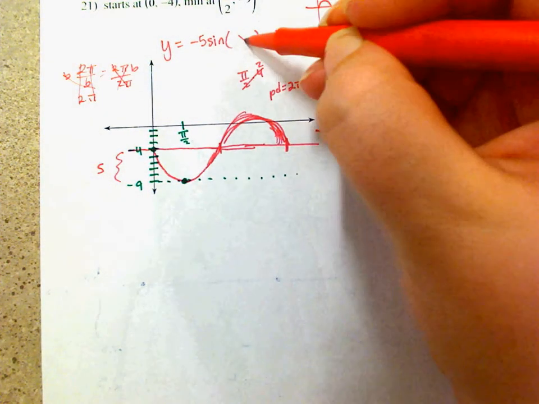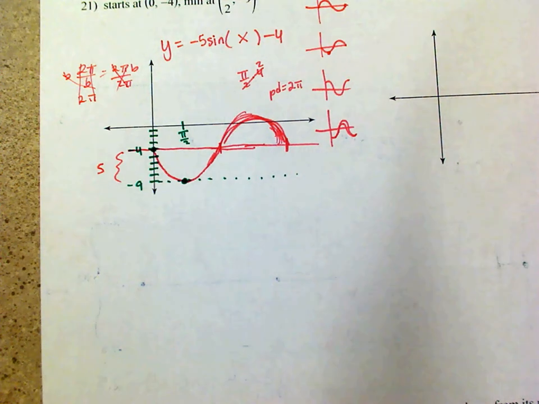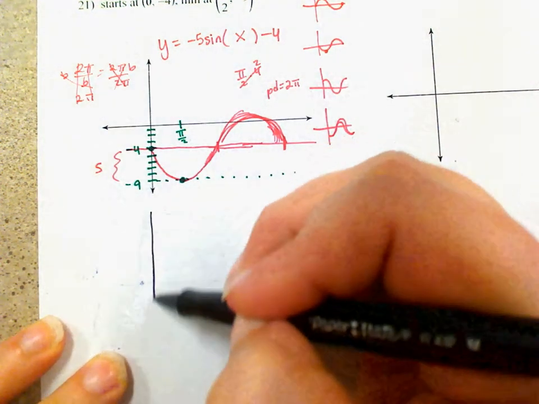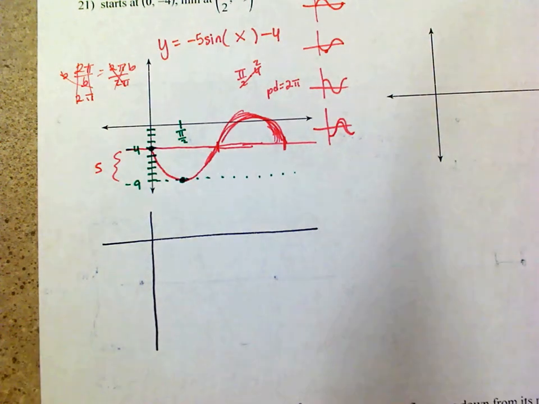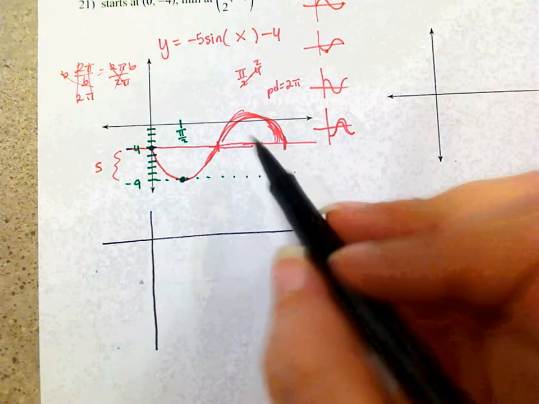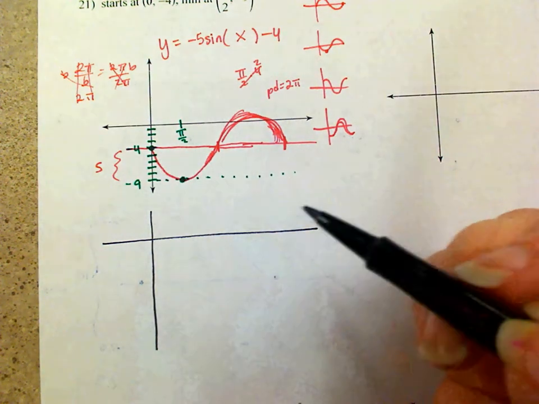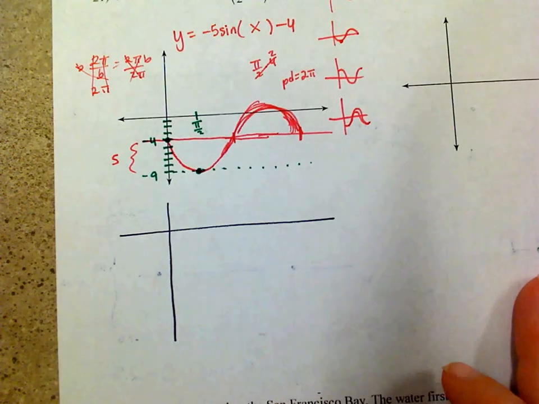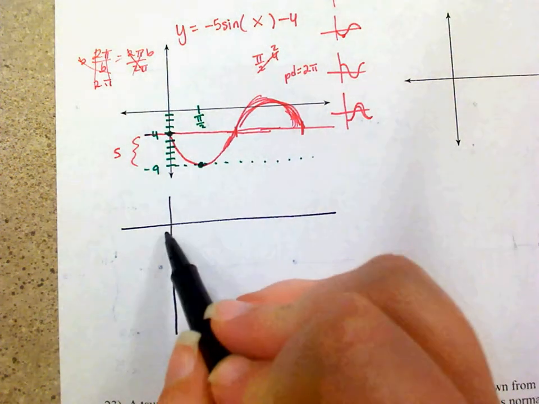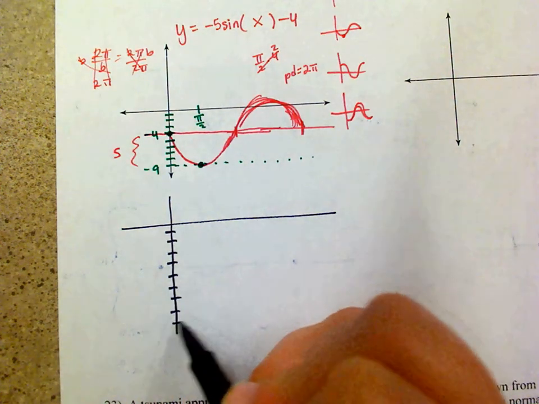I'm going to give myself a little bit more space. I didn't have to figure out how high I went up there in order to know what the graph is. All I got to know is the amplitude and the midline, and you can do that just by using half of it. Okay? All right. Now, 1, 2, 3, 4, 5, 6, 7, 8, 9. And then I need to start at -4, and I need to min out at -9 at pi over 2.